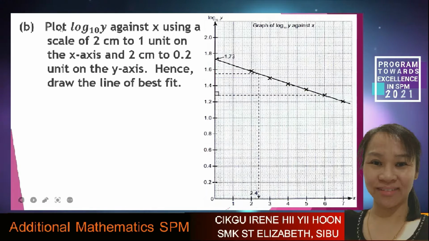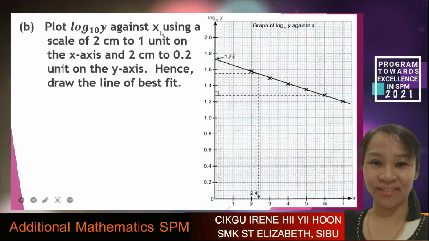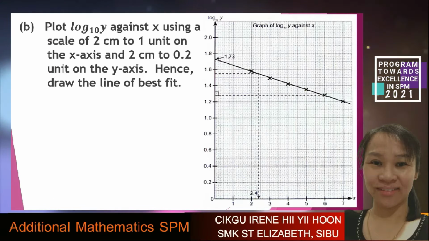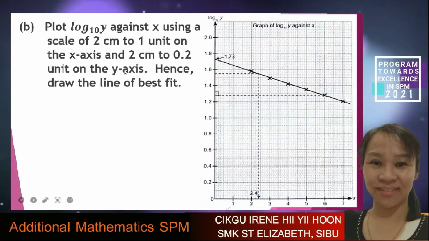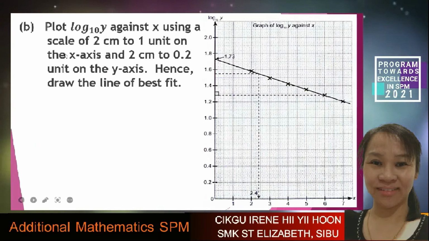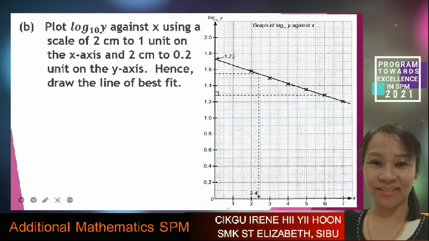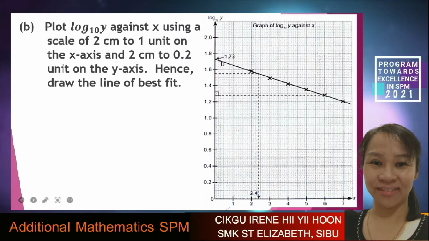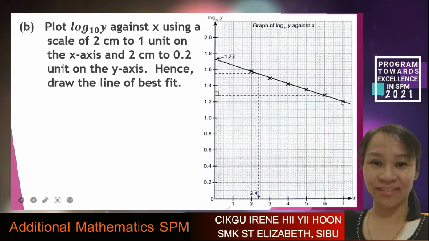Also, as usual, plot log y against x using a scale of 2 cm to 1 unit on the x-axis and 2 cm to 0.2 unit on the y-axis. Hence, draw the line of best fit. So we use the scale given and we plot the points based on the table, and we draw a line of best fit.